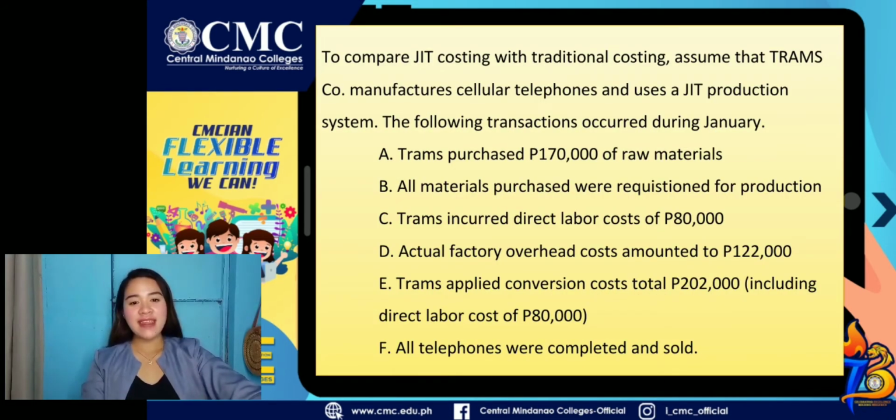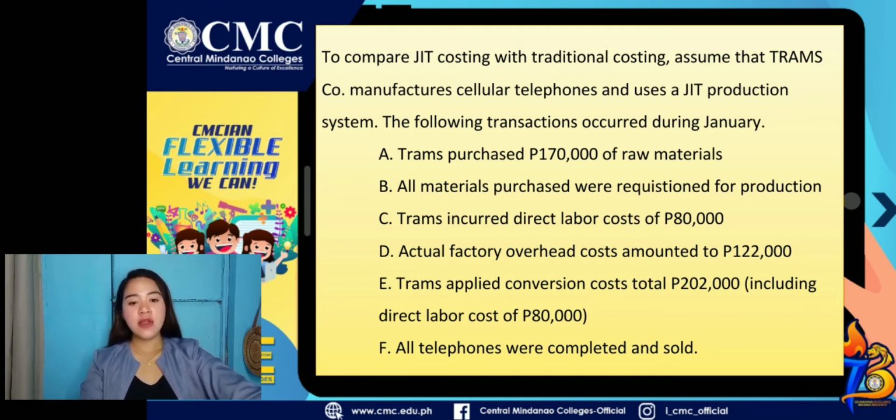To compare JIT with traditional costing, assume that Trumps company manufactures cellular telephones and uses a JIT production system. So the following transactions occurred during January. A, Trumps purchased 170,000 pesos of raw materials. B, all materials purchased were requisitioned for production.